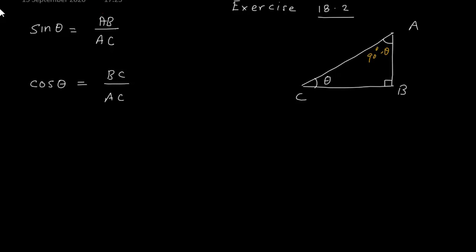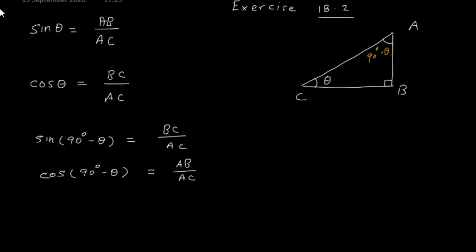That is, what is the value of sine 90 degree minus theta. Now this angle is 90 degree minus theta. So for sine we will take BC upon AC. And in the same way, cos 90 degree minus theta, for cos we will get AB upon AC. This is AB divided by AC.